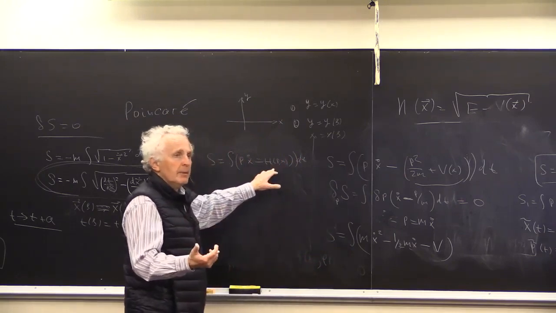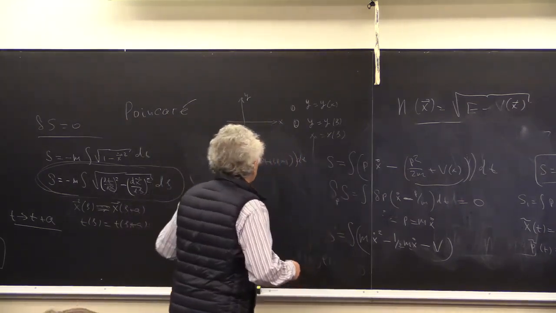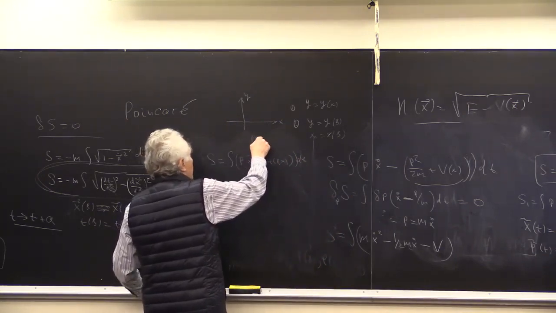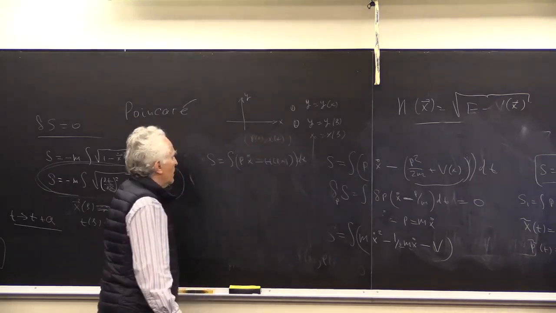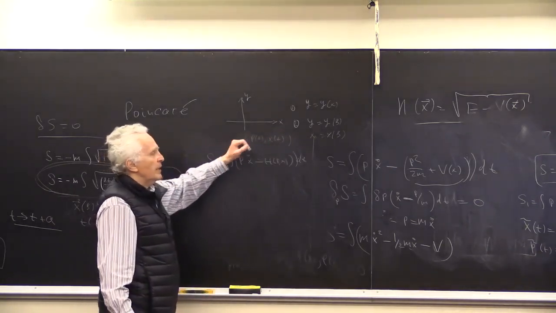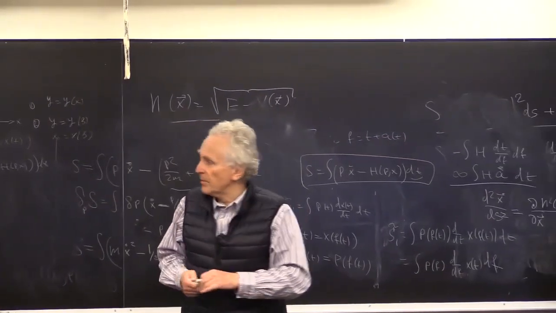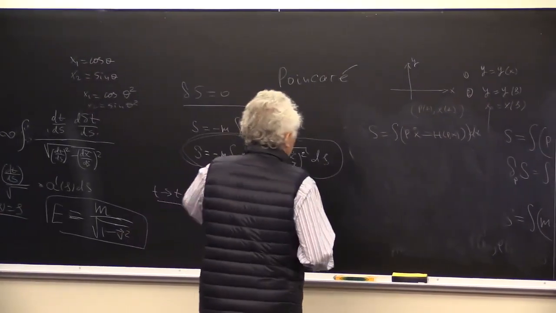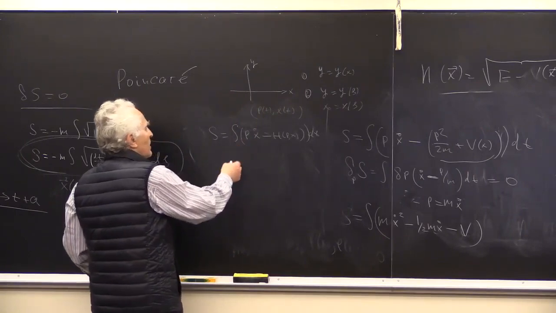I'm giving an example at this point only, and we will define it a little later. It's a space of p of t and x of t, and a trajectory is defined if you fix what in terms of p and x? Yeah, only the starting point. You don't have to fix derivatives.